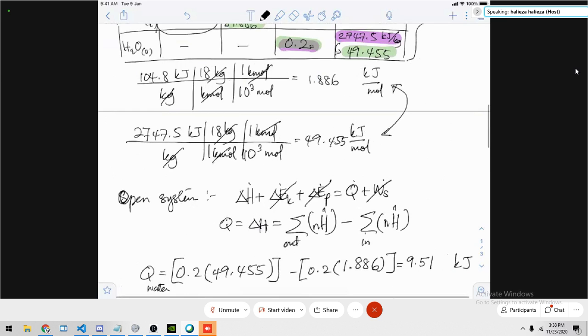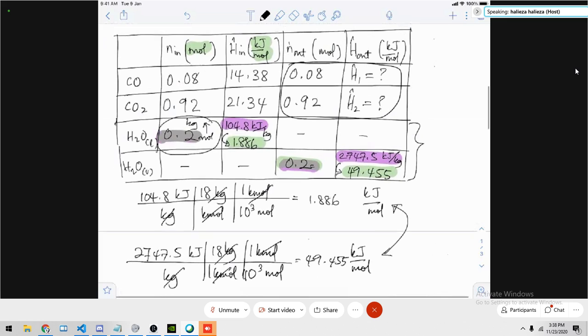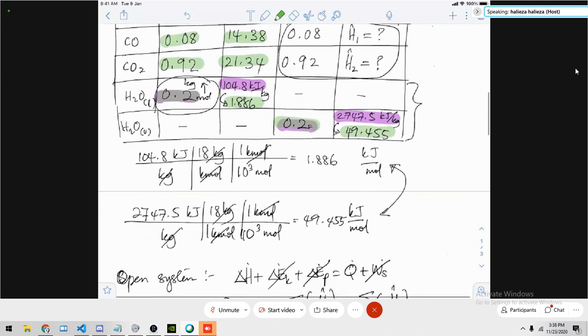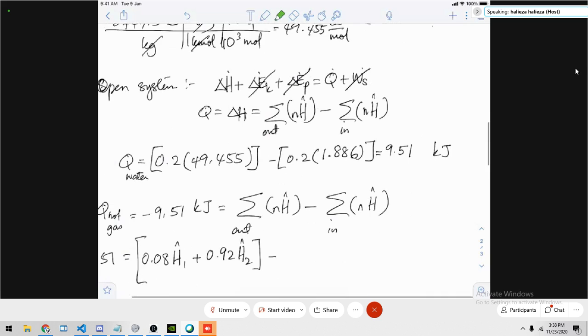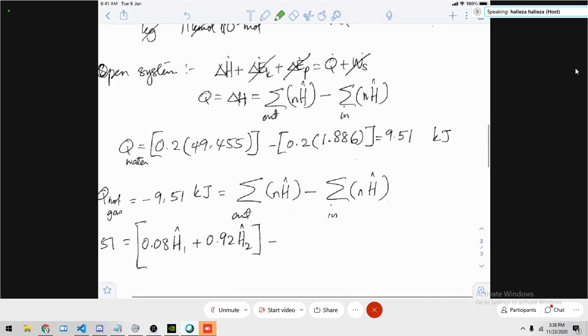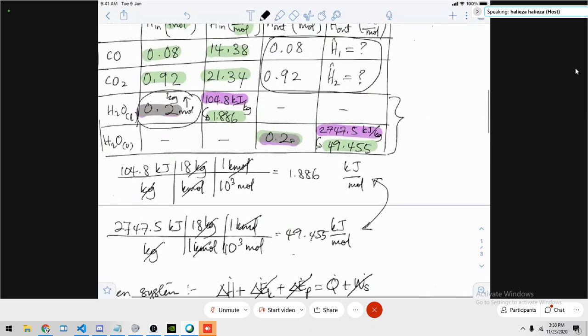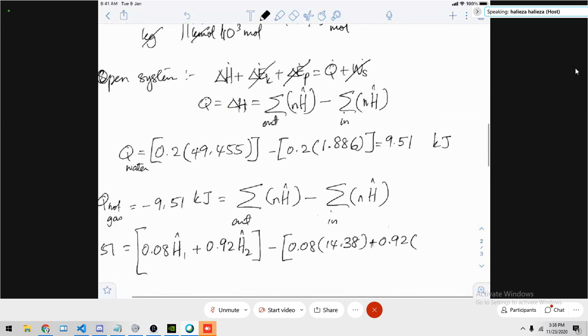The inlet is 0.08 times 14.38 plus 0.92 times the corresponding enthalpy for carbon dioxide, 21.34.